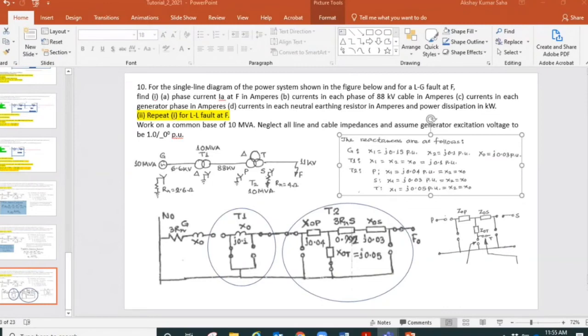That 3Rn value you need to calculate and tell me that you're getting 0.992. And when you get that one, we need to get the 3Rn value for the generator G as well. So you will tell me the two values of 3Rn that you are getting.